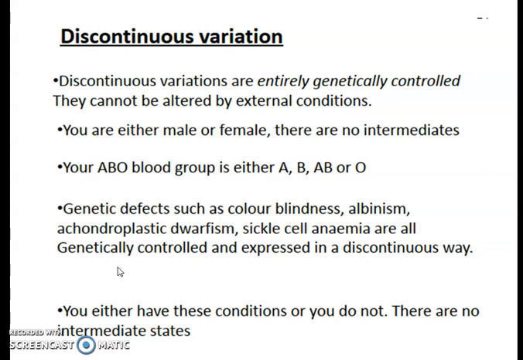For example, you will either have A blood group or B blood group or AB blood group or O blood group. There will be no intermediate group. So that's why we put them in discontinuous variation, because for discontinuous variation there will be no intermediate states.